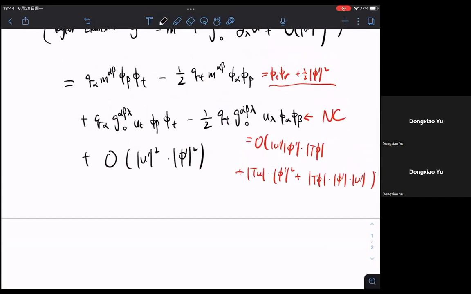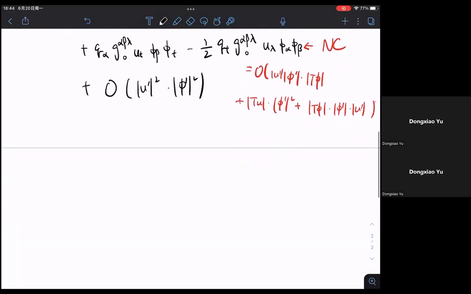This might be a little strange, but let me do the computation here. T phi squared is equal to the sum over j equals 1 to 3 of Tj phi squared, which equals the sum over j equals 1 to 3 of (phi j plus omega j phi t) squared.